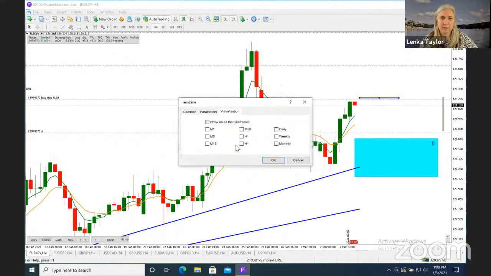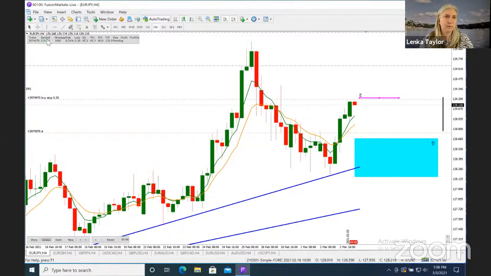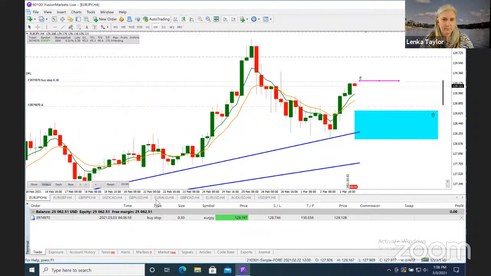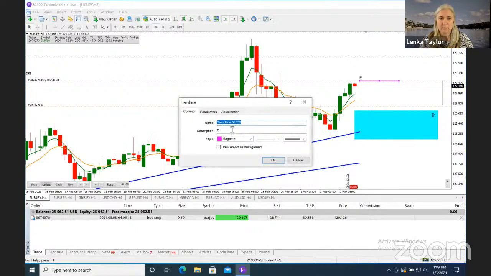So here is the H4. This is entry. Let me just copy those levels. So entry would be at 129.197.